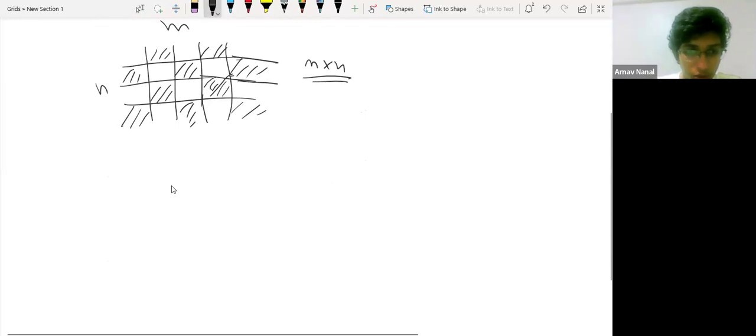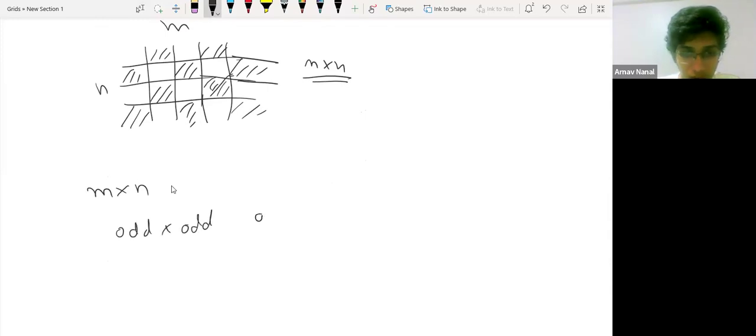Some things to note about the chessboard coloring: if it is an odd cross odd grid, then all corners are of the same color, and you get more black squares than white squares.